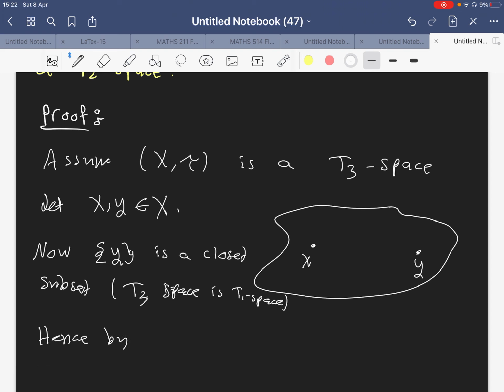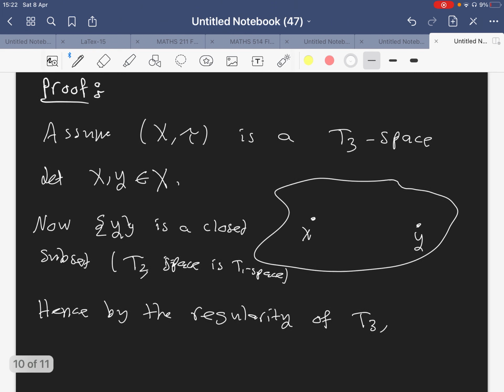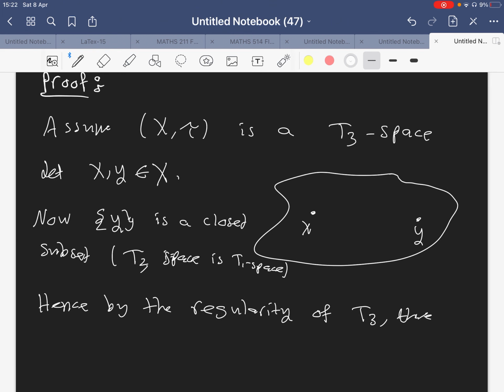Hence, by the regularity of T3, we can separate X and the closed subset.